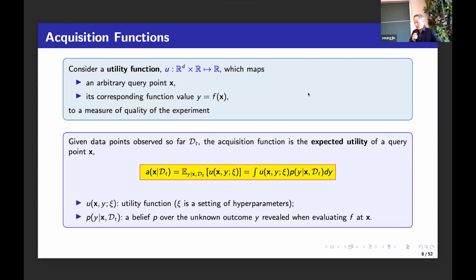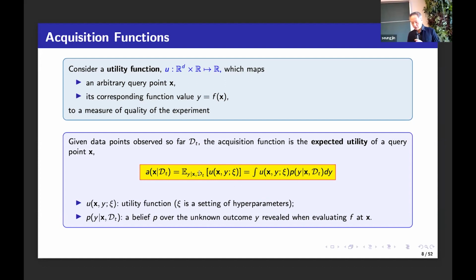Under the surrogate model we already constructed using the set of data points, we take the expectation of the utility function under the posterior that we already have in the surrogate model. So this is a predefined utility function, and it is nothing but the expectation with respect to the posterior distribution of the function values.